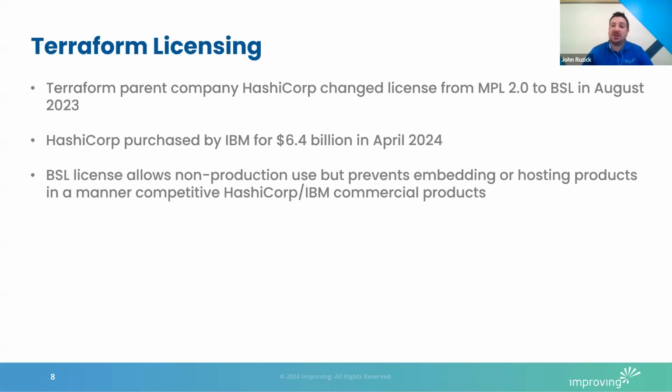In addition, HashiCorp was purchased by IBM recently, so there's been some backlash, I would say, from the development community on what this licensing change means, going from fully open source to not closed source, but a more restrictive license.